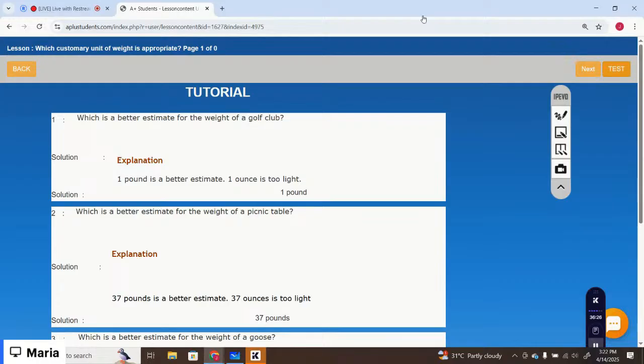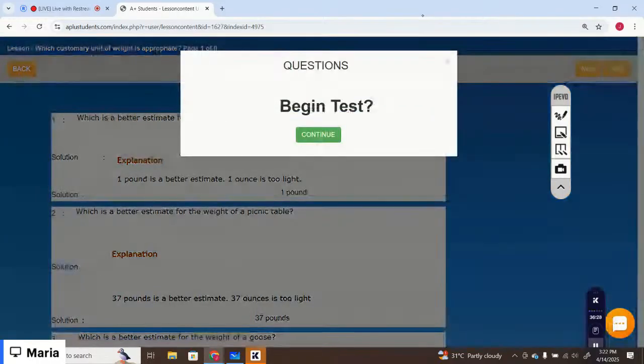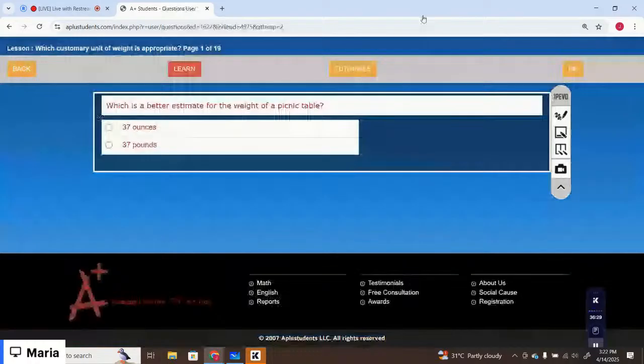Let's just start with the test questions. Which is a better estimate for the weight of a picnic table? 37 ounces or 37 pounds?